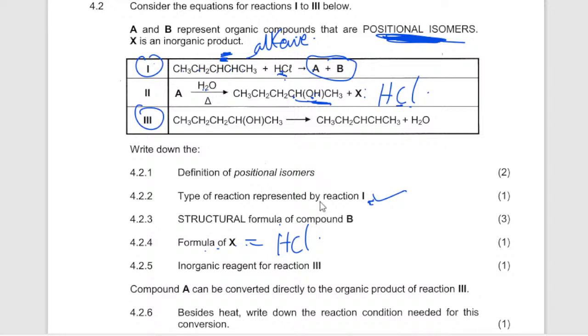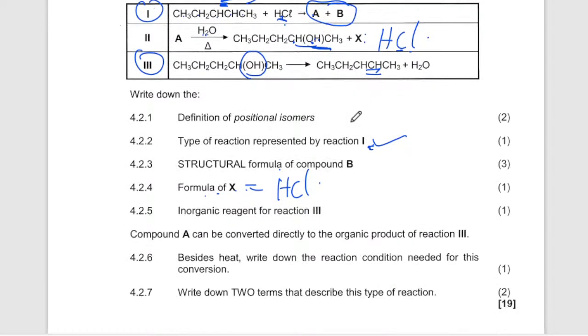Then they're asking you inorganic reagent in a reaction 3. You are removing the water to alkene again. Definitely this is going to be dehydration. So it's going to be concentrated sulfuric acid. Don't forget that when you're forming that, you require some heat, but they are not asking you, they are saying inorganic reagent.